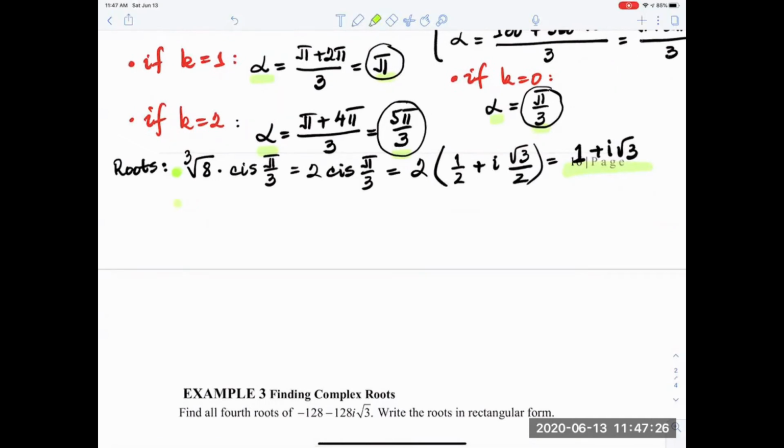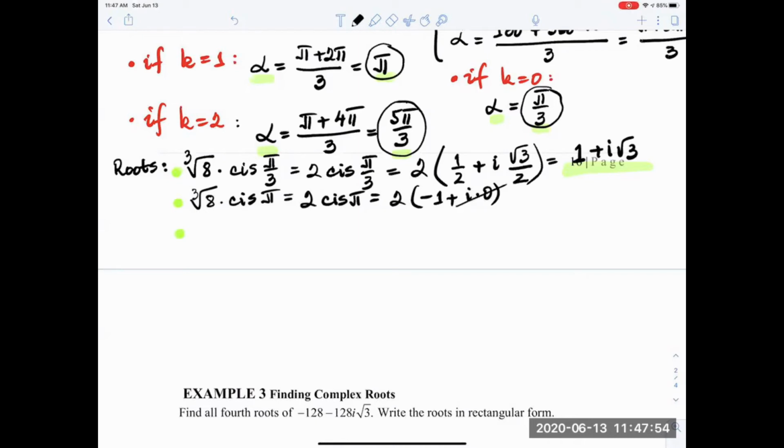Let's see another one, and then another one here. Okay, the next one is root 3 of 8 times CIS of pi. That becomes 2 CIS of pi, which more so becomes 2. Now, cosine of pi is -1 plus I sine of pi is 0.